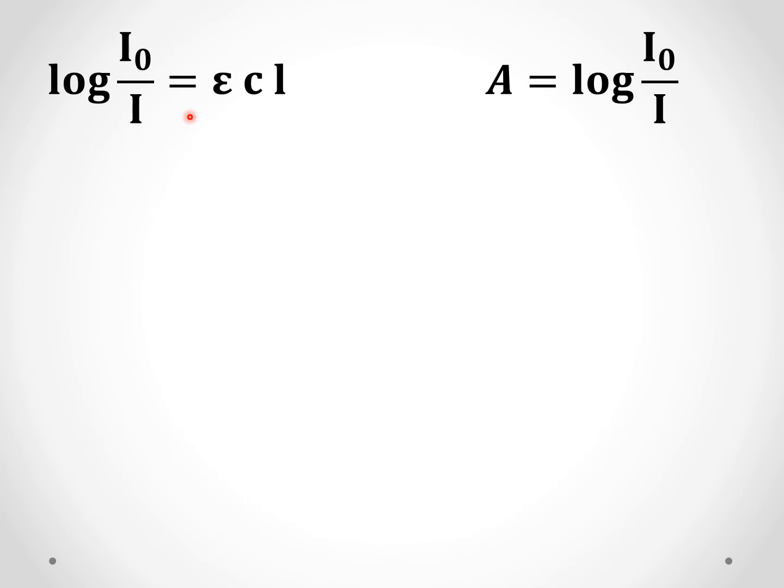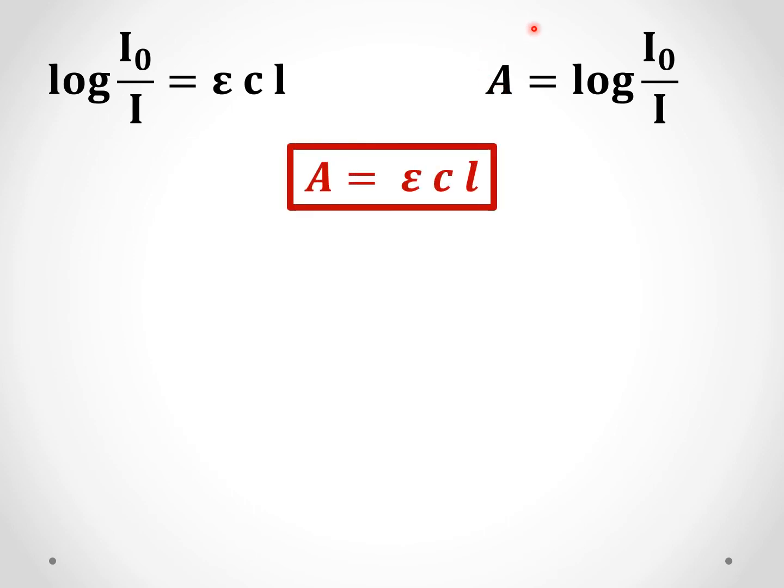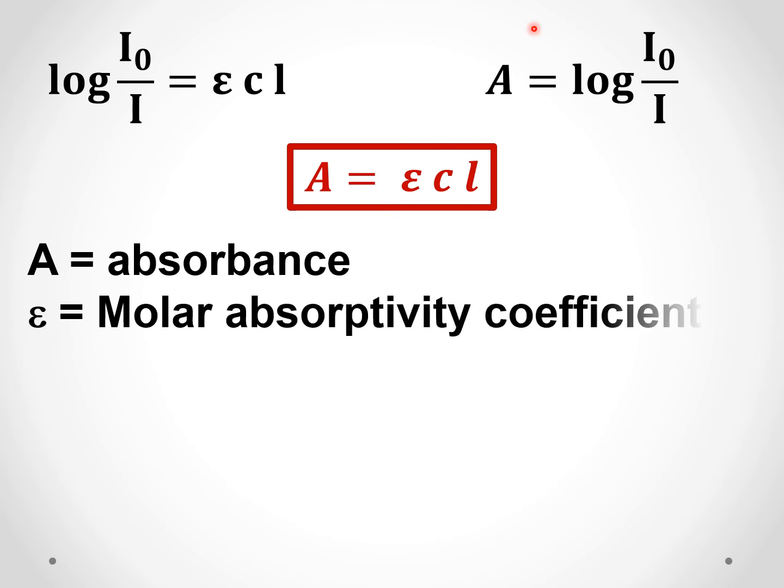But log I0 by I, that is equal to A, and A is called the absorbance. So we can write A is equal to epsilon CL. A is the absorbance. Epsilon is called molar absorptivity coefficient. L is the path length, and C is the concentration.